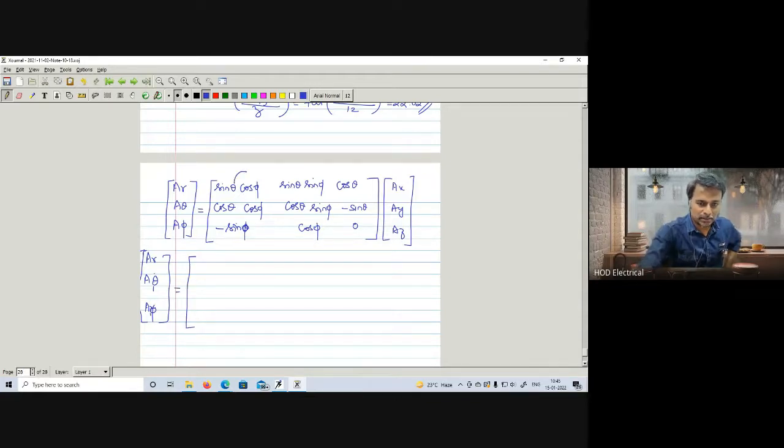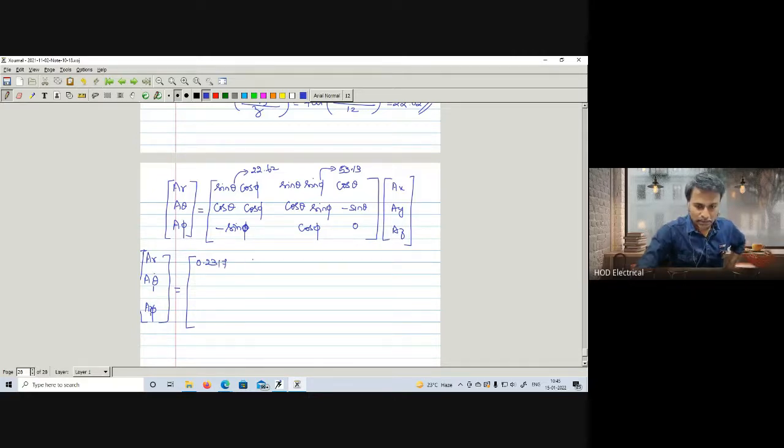Substitute theta as 22.62, and substitute phi as 53.13, and multiply with all, you will get this answer.